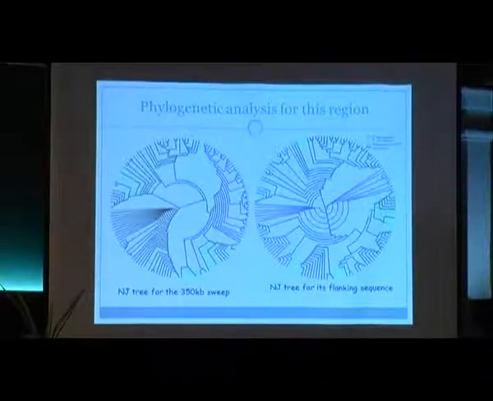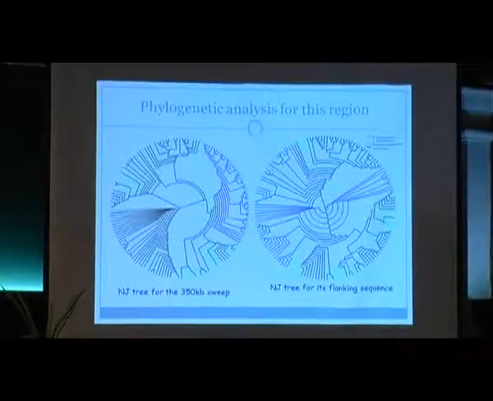Then we also use phylogenetic analysis. Here, in this picture, the blue branches indicate the T-type upland rice, while the green branches indicate the C-type upland accessions, and the black is irrigated rice.